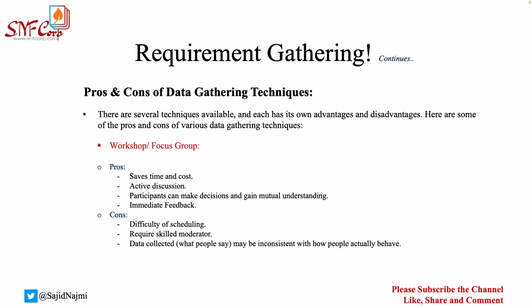People will be really actively discussing, because if you have 5, 6 or a good number of people sitting together and talking to you, they will talk actively. Everybody will be talking and the other person will get the ideas and information, and then they'll also start contributing.